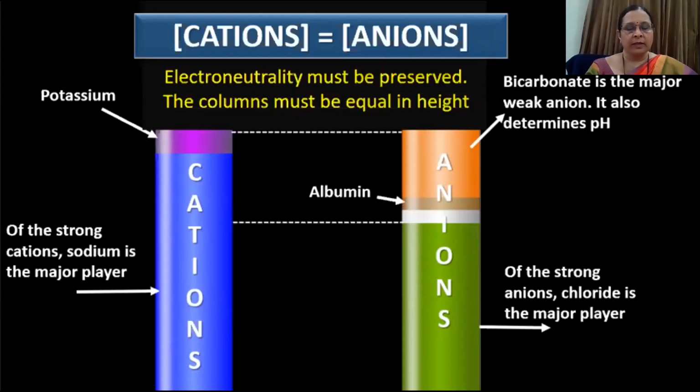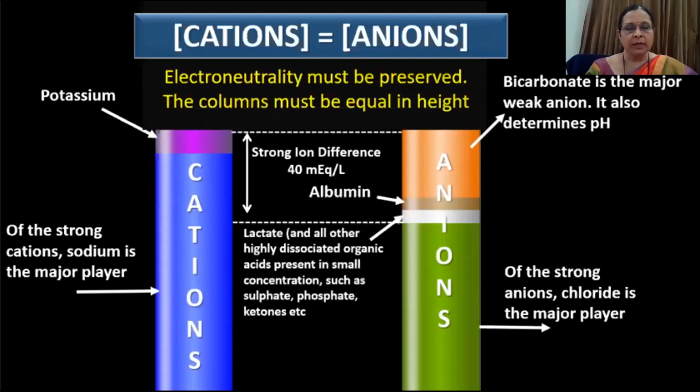And so the difference between the strong cations and the strong anions is called the strong ion difference. Strong cation minus strong anion is strong ion difference, which is normally 40 milliequivalents per liter. If you can see the white band, that represents lactate and all other highly dissociated organic acids present in small concentrations, such as sulfate, phosphate, ketones, etc. So it should be negligible.